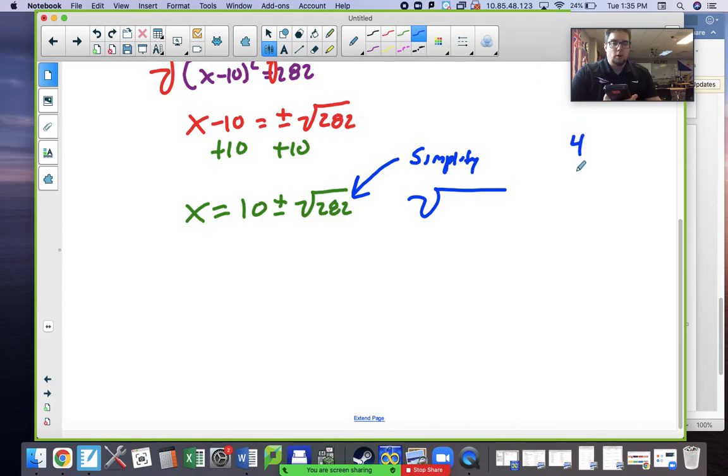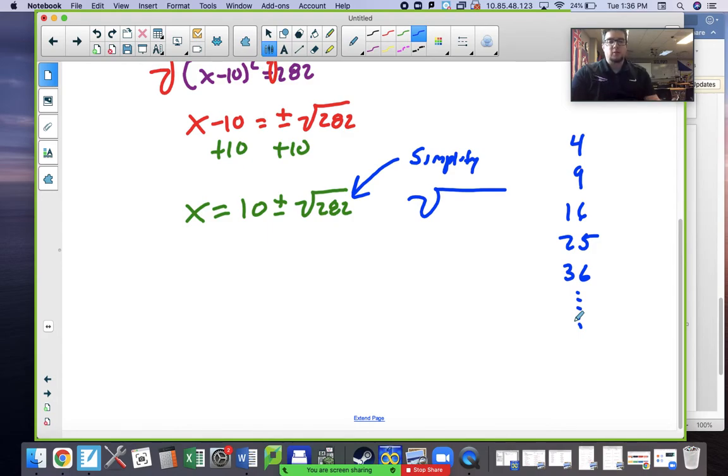I'm going to check 4, 9, 16, 25, 36, and so on until I find one. 282 divided by 4 didn't work. 282 divided by 9 didn't work. 16, 25, 36, 49, 64, 81, 100, 121, 144, 169, 196, 225, none of them worked.